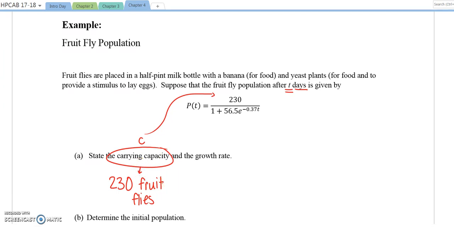The growth rate, on the other hand, is our b value. That's the value that's up there in the exponent. Now, it is negative. However, remember the negative is already part of the model. So the b is actually just that 0.37, and making it positive, it's talking about growth. So our growth rate is 37%.